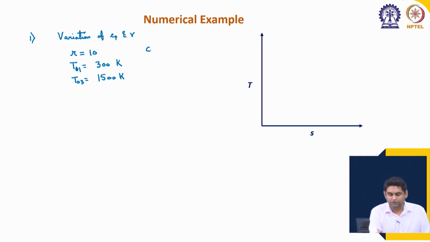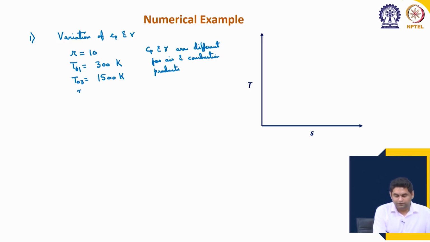Cp and Cv are not constant, meaning they are different for air and for combustion products.